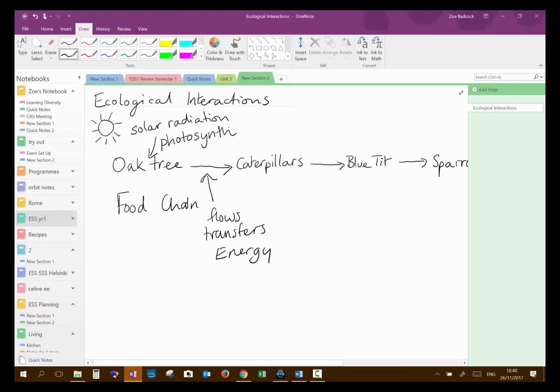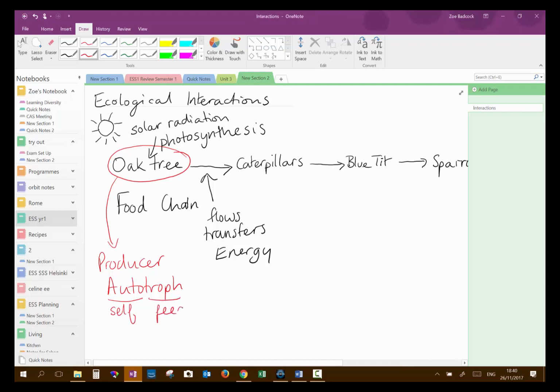So there's photosynthesis going on in this oak tree, and the oak tree is what we call a producer. It's a plant, it's making its own food. It's called an autotroph, which is another word for a producer. Auto means self, and troph means feeding, so it's making its own food.